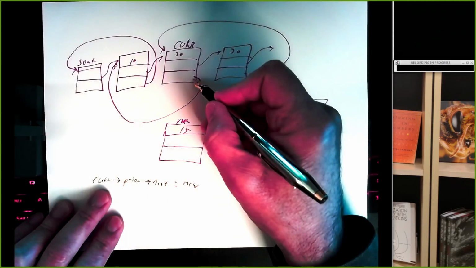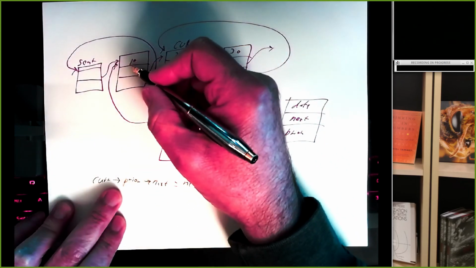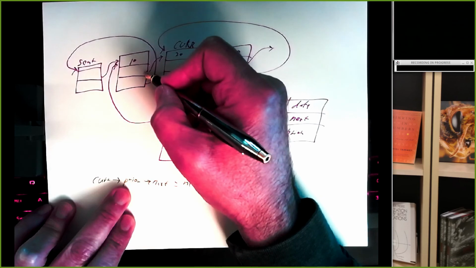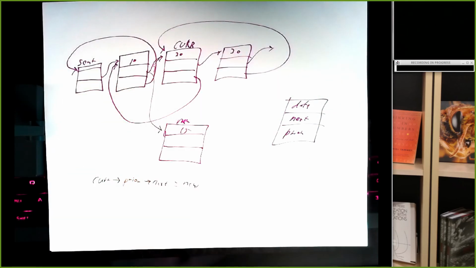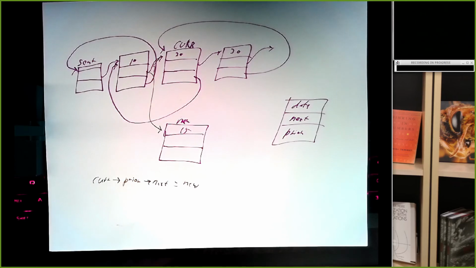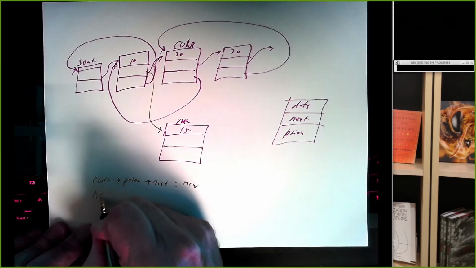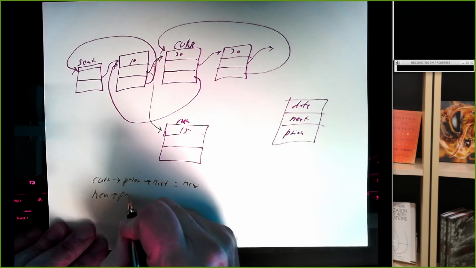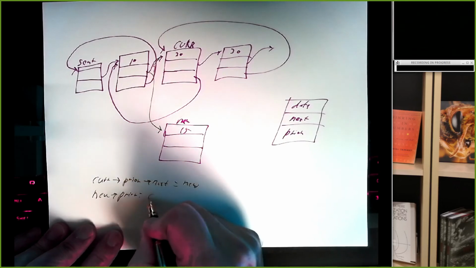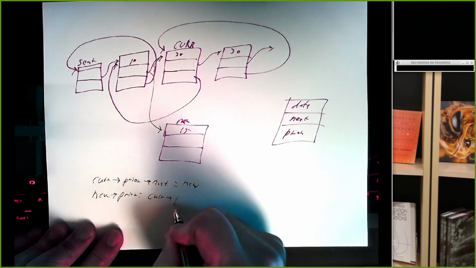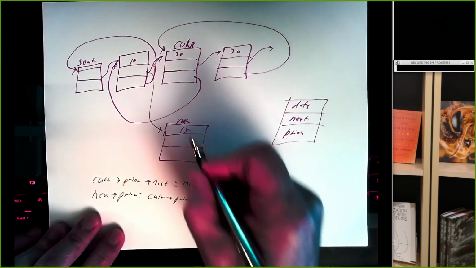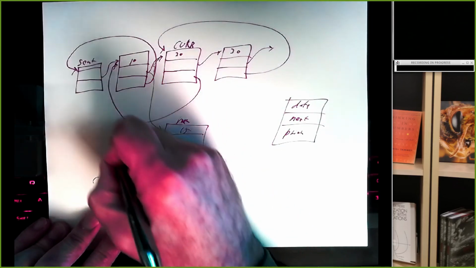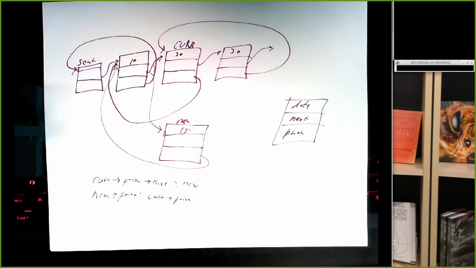That would start from current, follow the prior field to find this node's address, look at its next field, and change that to point to new. And we could do new prior equals current prior. So this would point to whatever current's prior was pointing to, which is this node right here.